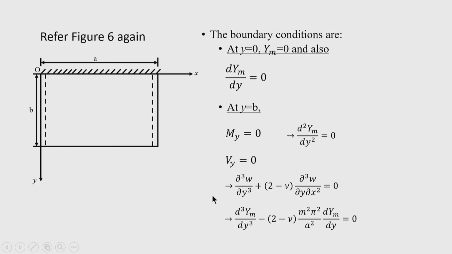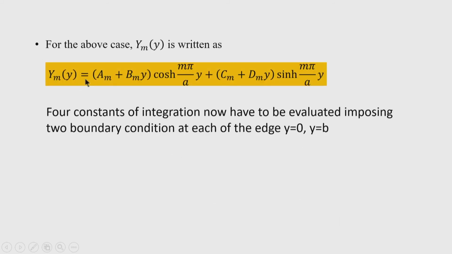In that case, the full equation has to be retained, that means we cannot omit any terms. So, 4 constants are retained here, and therefore 2 conditions at each edge need to be imposed to find these 4 constants of integration from 4 algebraic equations. After applying the boundary conditions, the problem is a boundary value problem, so you can calculate the constants of integration.